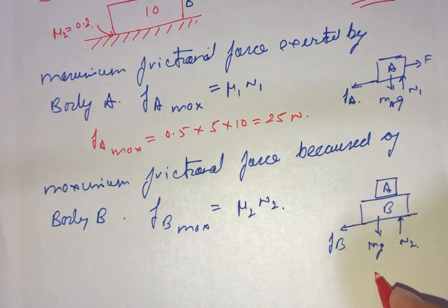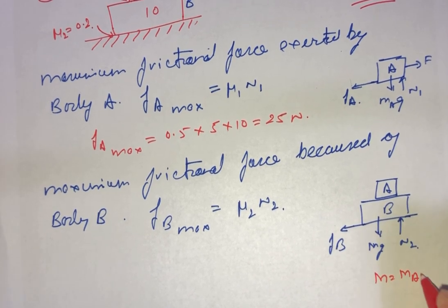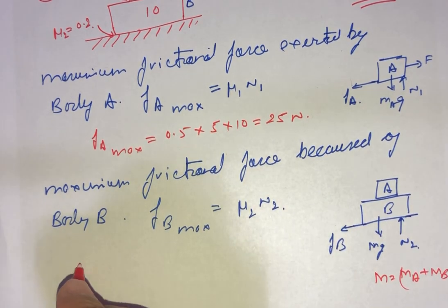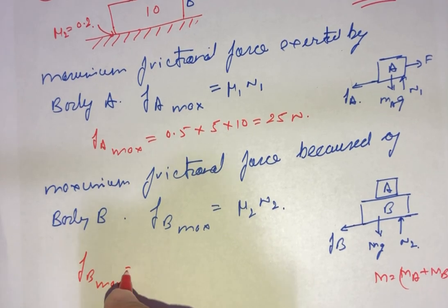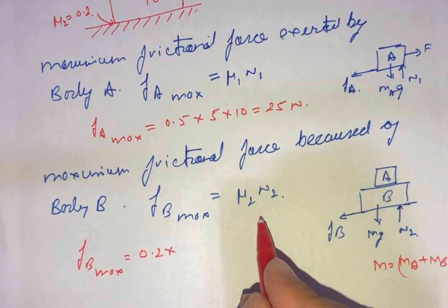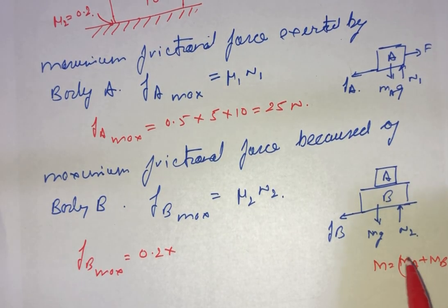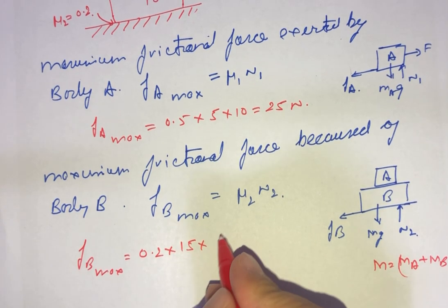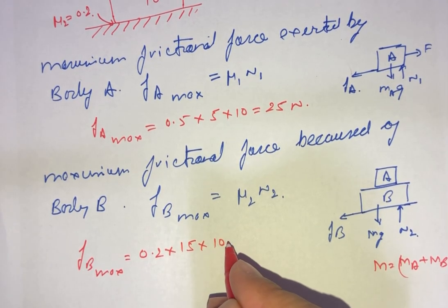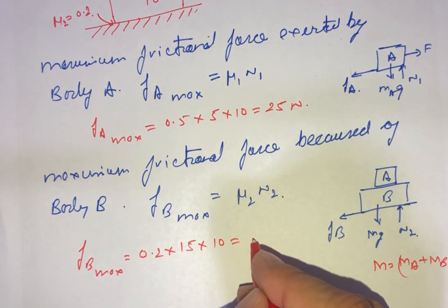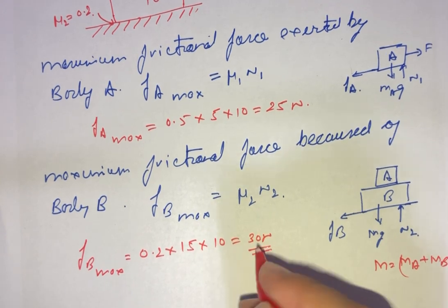So here M is equal to mass of A plus mass of B. So we can say that FB max, maximum friction force, mu2 is given as 0.2, and this will be equal to N2, that is A plus B, that is 5 plus 10, 15, multiplied by 10. So we get this as 30 Newton.